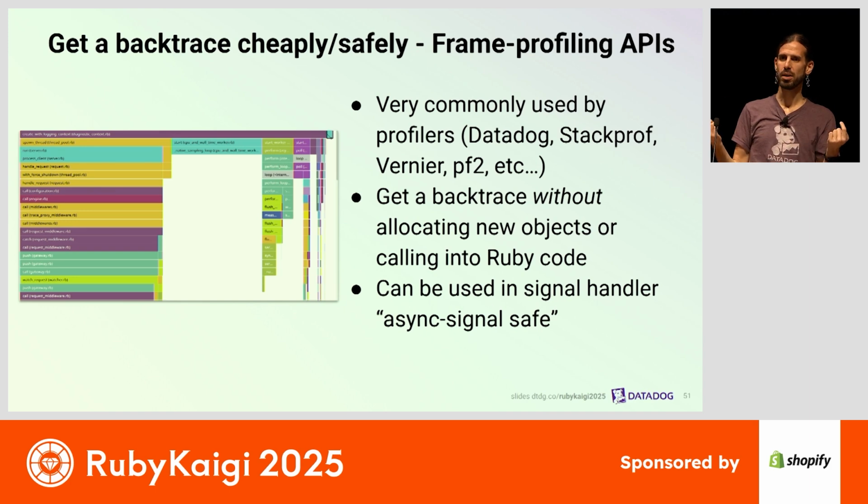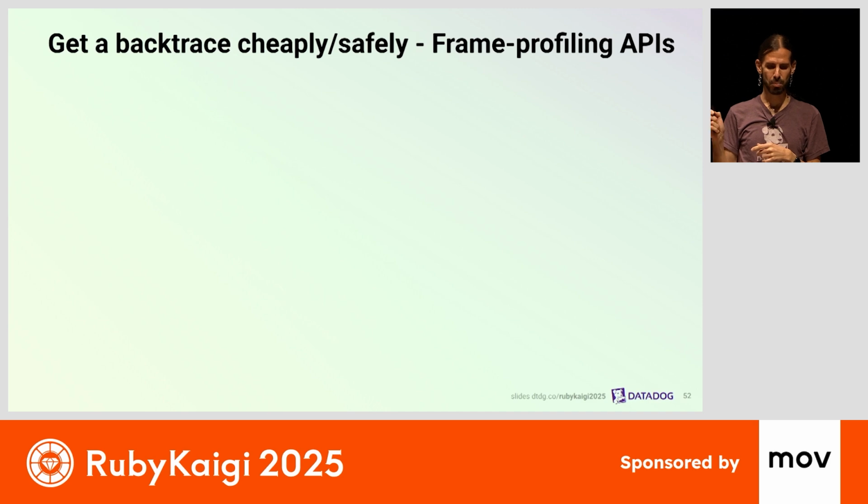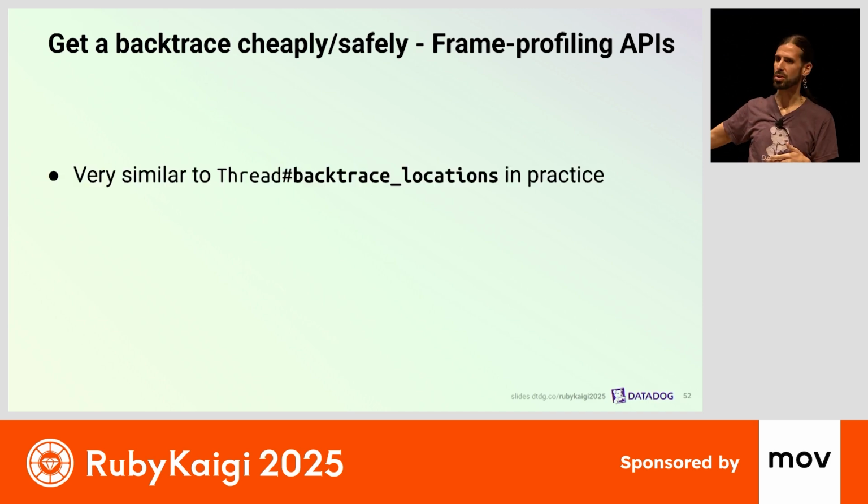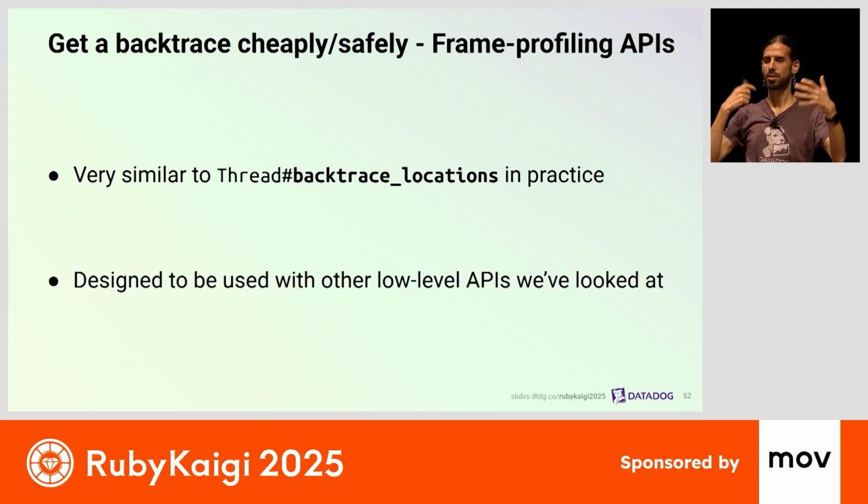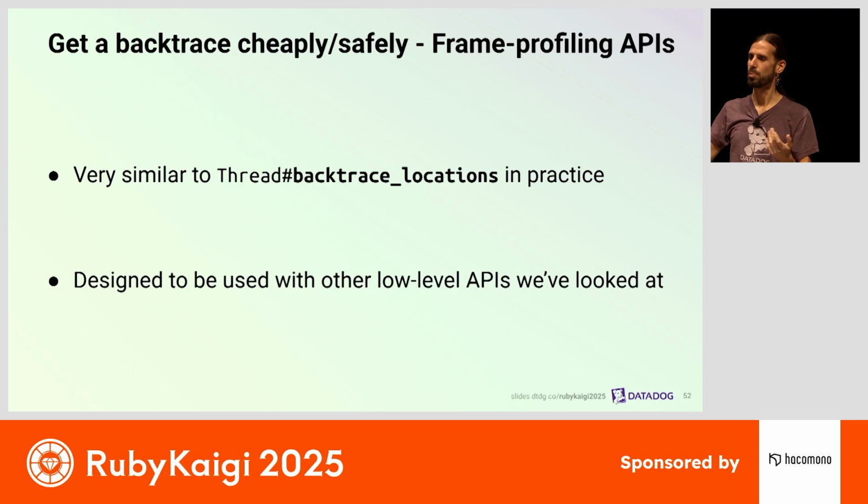And it can even be used in a signal handler, so this is what's called an async signal safe function, although I think it's not officially documented as one yet, but that's the intention. And that's how everyone is using it most of the time. It's very similar to getting backtrace locations. If you've used backtrace locations, it's basically the same thing, but it's designed to be used with the other low-level APIs that we've looked at, and it's cheaper than backtrace locations because it's for profilers.